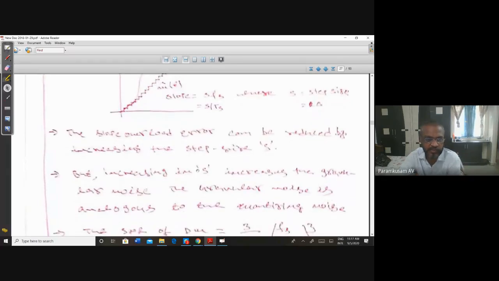Next point, note it down. The slope overload error can be reduced by increasing the step size.